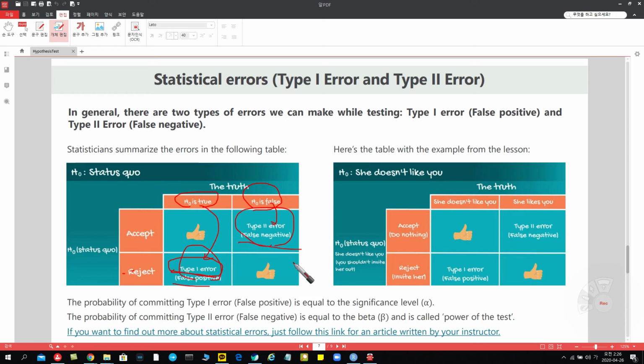That is a false negative. You know what I'm saying? So, don't forget this one. The probability of committing a Type 1 error, false positive, is equal to the significance level, alpha. We call it alpha. And the probability of committing a Type 2 error, false negative, is equal to beta. We call it beta, and 1 minus beta is called the power of the test.